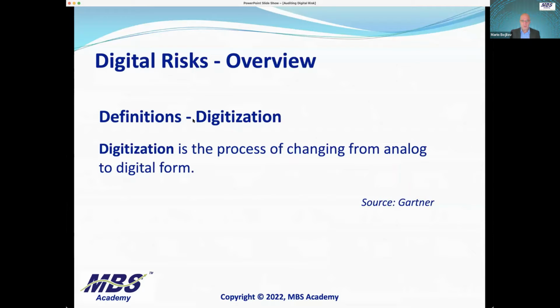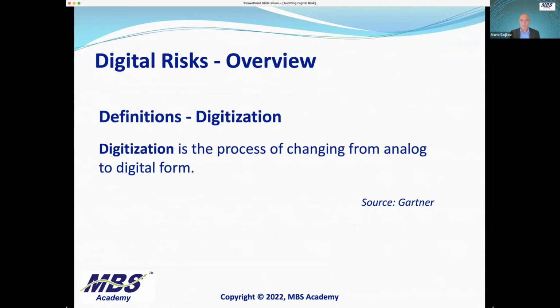First, a couple of definitions, because there is a lot of confusion when we talk and consider digital technology, digital risks, and all of the associated areas linked to those. So first, digitization. Digitization is the process of changing from analog to digital form.